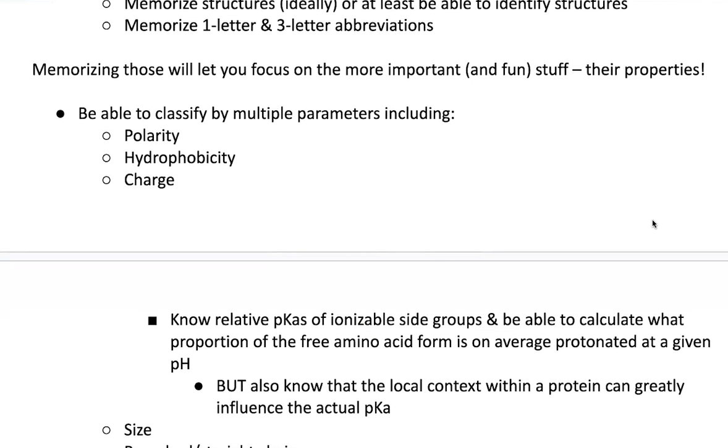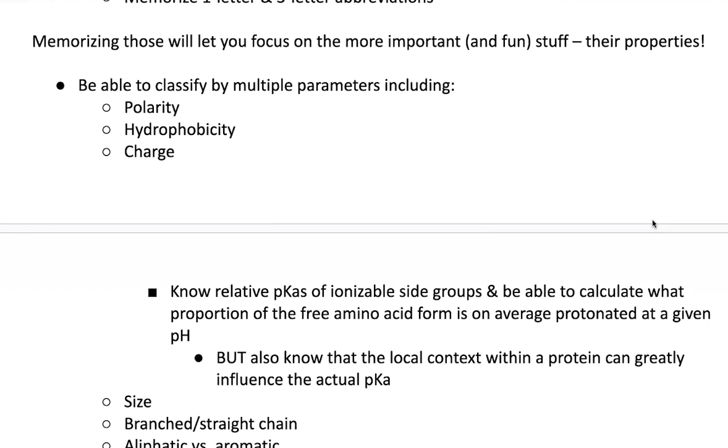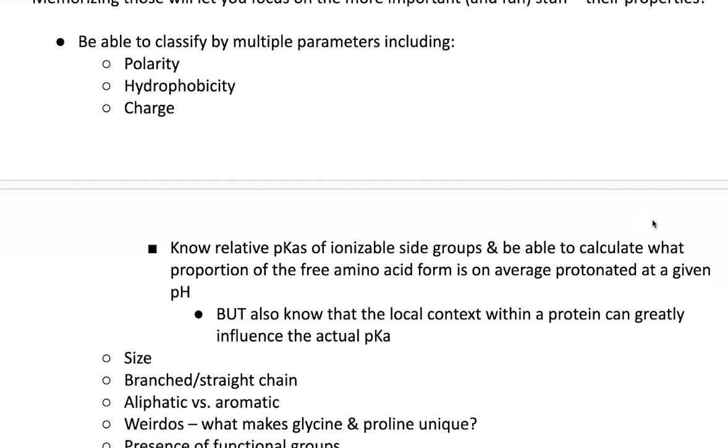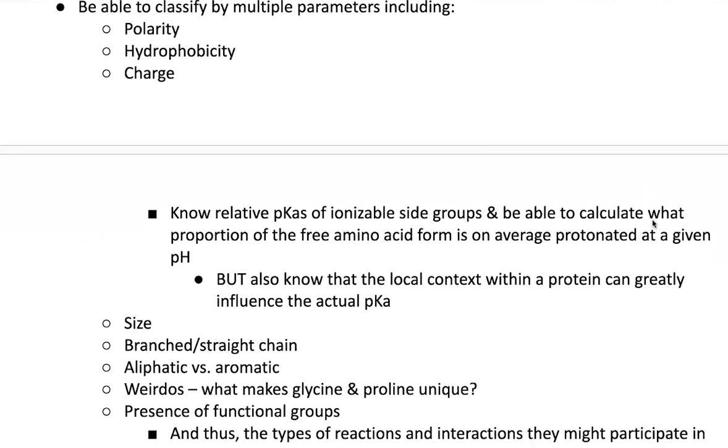So there are a lot of ways to classify amino acids, and you want to be able to classify them by multiple parameters, including their polarity, their hydrophobicity, their charge. For the ones that are ionizable, know the relative pKa's of the ionizable side groups, and be able to calculate what proportion of the free amino acid form is on average protonated at a given pH.